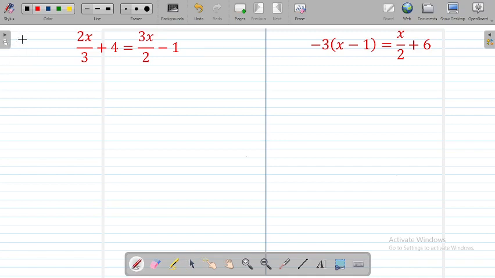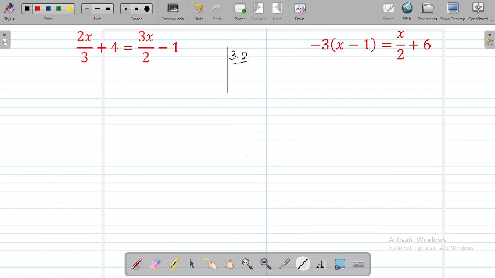Okay, so as always, for 3 and 2, what will be the least common denominator? If you look here, this is 3 and this is 2. What will be the least common denominator for 3 and 2?